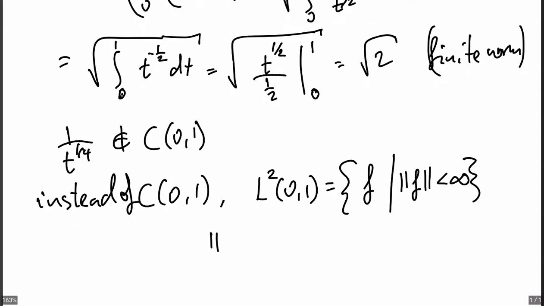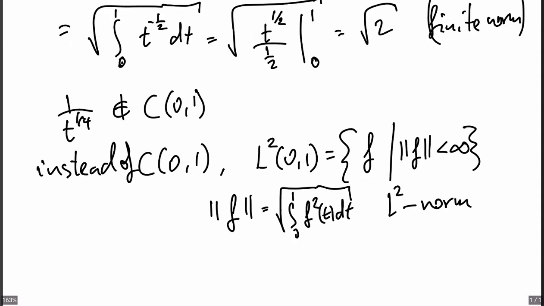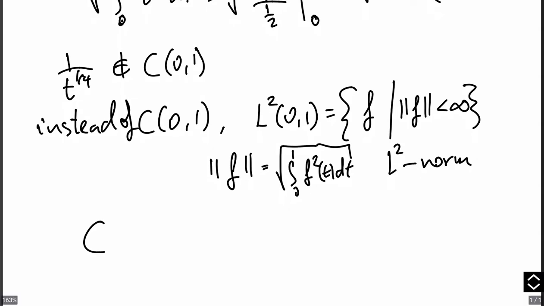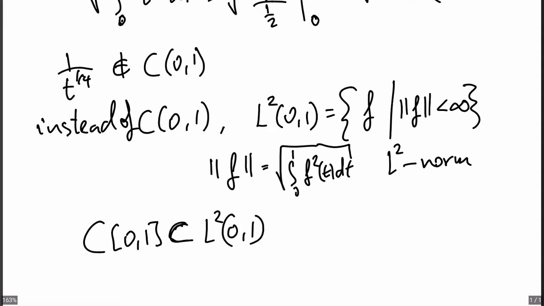And this norm, which is the square root of the integral of the square of the function, is called the L2 norm. And it's clear that all these continuous functions are a subset of these L2 functions. There are actually many more functions in L2 space than the continuous functions.